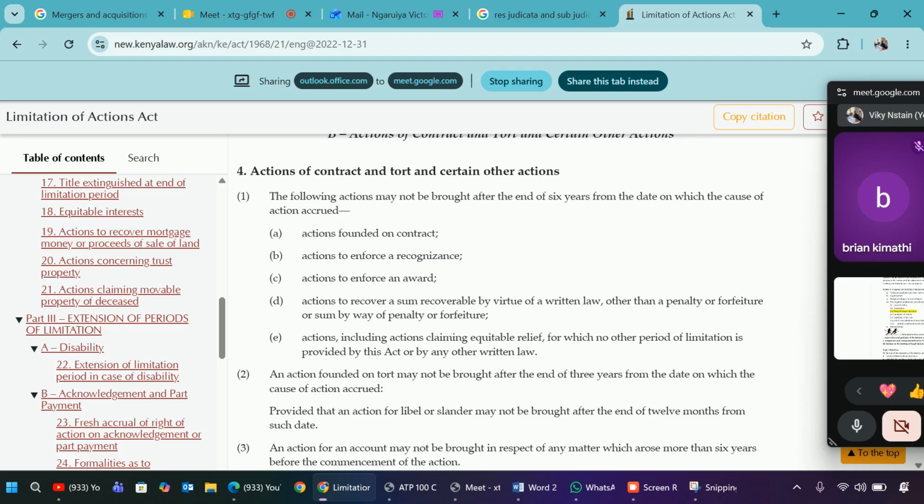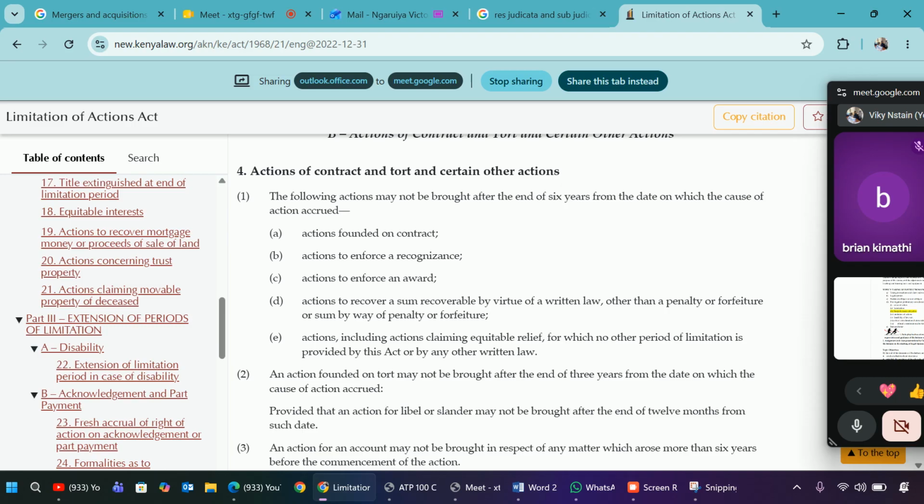Section 4 still provides that an action founded on tort may not be brought after the end of 3 years from the date on which the cause of action accrued. So actions founded on tort may not be brought after the end of 3 years from the date on which the cause of action accrued. The same subsection provides that an action for libel or slander may not be brought after the end of 12 months from such date.